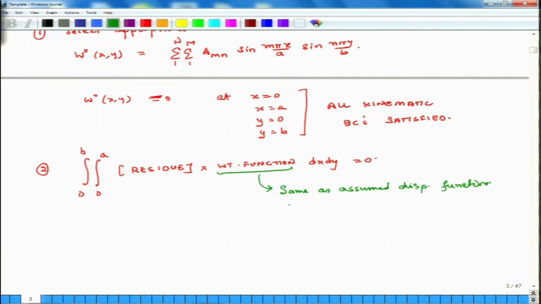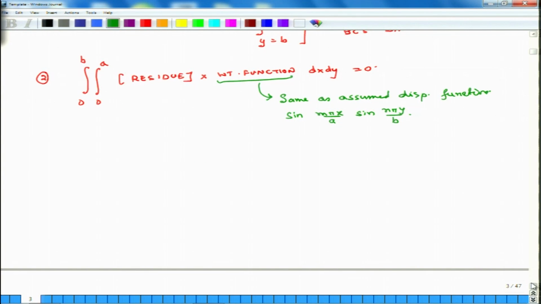So, this is the same as sin m pi x over a times sin n pi y over b. So, we actually plug this in and it will be times w m n 1, okay, some constant.